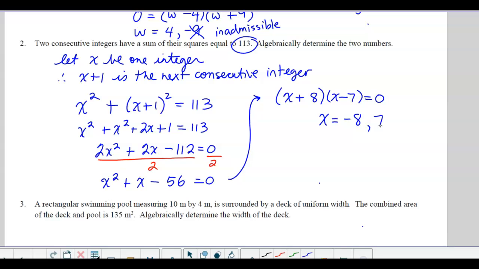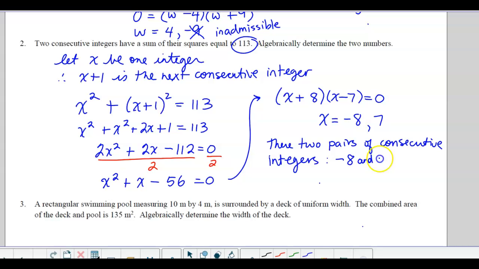So there are two pairs of consecutive integers: -8 and -7, and 7 and 8.